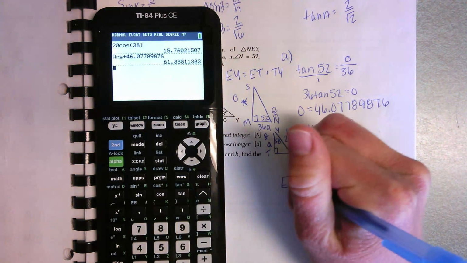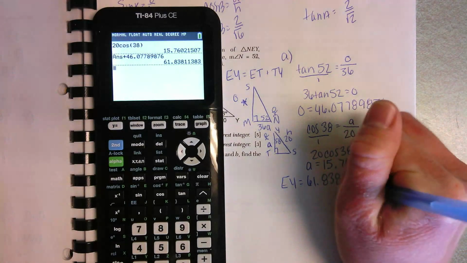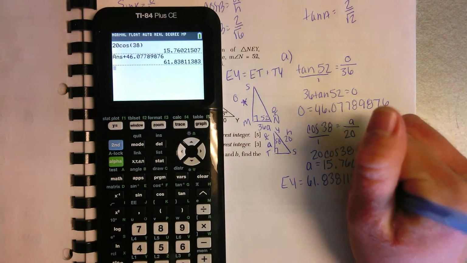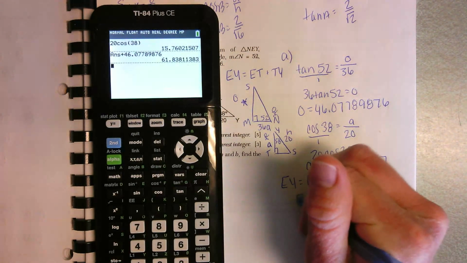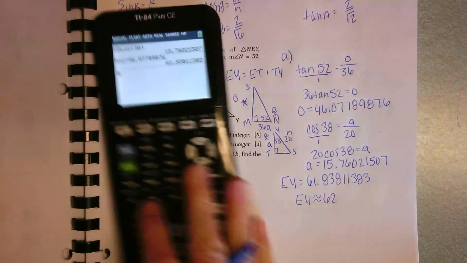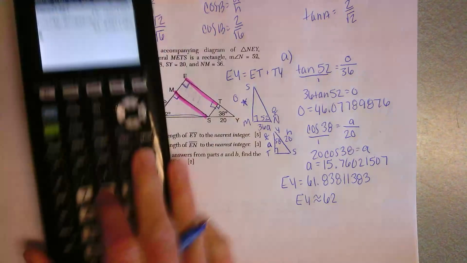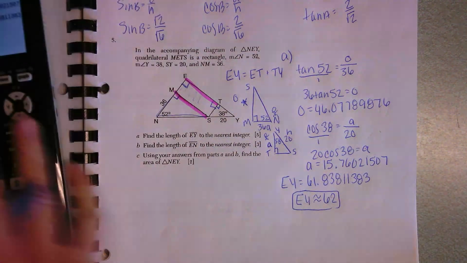So EY is equal to 61.83811383. So to the nearest integer, it's going to be 62. So that's the length of EY.